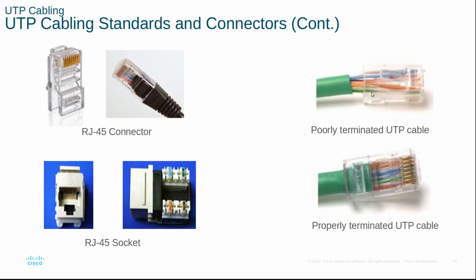If they're poorly terminated like this, and you see some exposed wires here, there's definitely going to be some data loss, and the performance on this cable is going to be a little bit worse. It might still work. It might not even work, right? If these wires don't actually hit the end of the connector there, then it won't work. They have to be touching that connector for it to work. But if it does work, it's not going to work as well as one that's properly terminated.